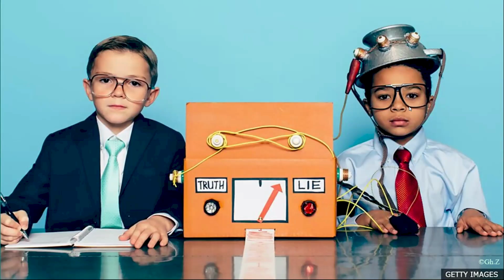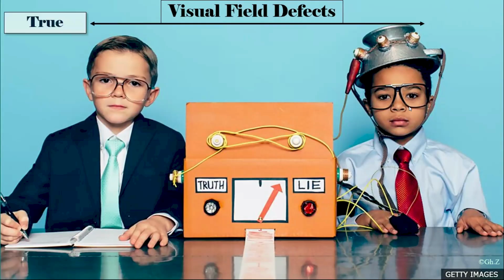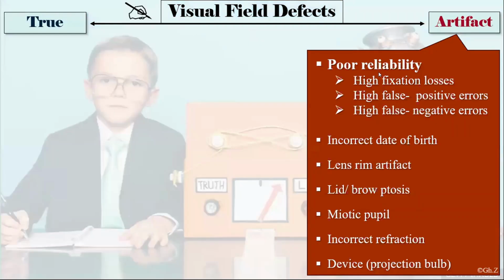The first point I'd like to emphasize in these closing slides is that whenever we encounter a visual field defect, we must always consider two possibilities: a true defect or an artifact. One of the most important causes is poor test reliability. In Humphrey perimetry, this is assessed using the reliability indices, which include fixation losses, false positive errors, and false negative errors.